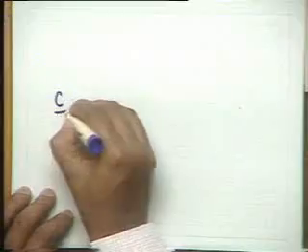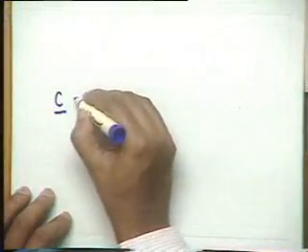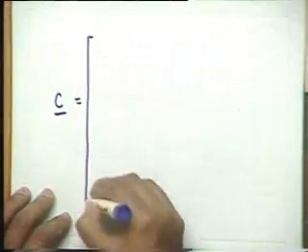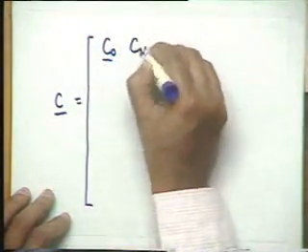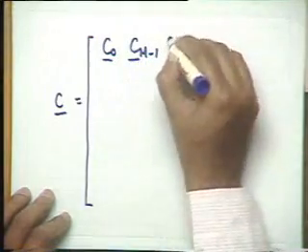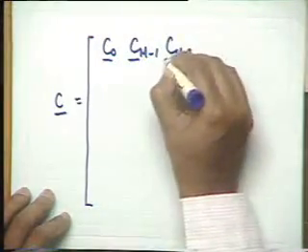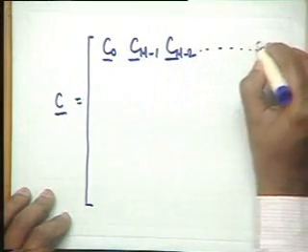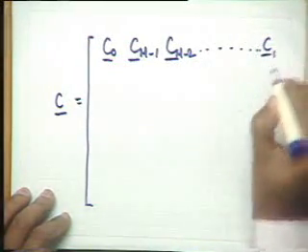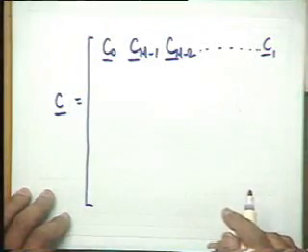We define a block circulant matrix, call it C, defined as C0, C(m-1), C(m-2), and so on, then C1, C0, up to C(m-1), like the usual way we construct a block circulant matrix, and the last row is going to be C(m-1), C(m-2), C(m-3), up to C0.